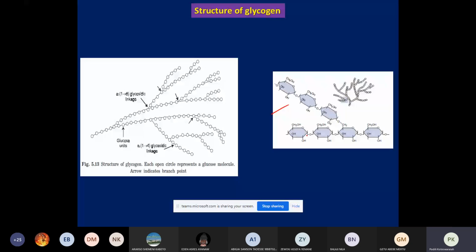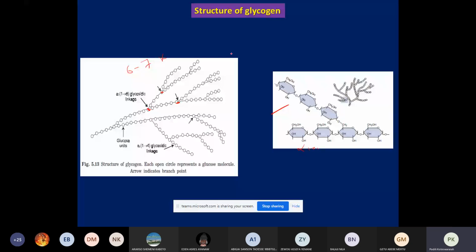But the difference is in how often the branch point is present. You can see here, this is a branch point, this is a branch point, and this is a branch point. The branch point is present once for every 6 to 7 residues in the main chain.